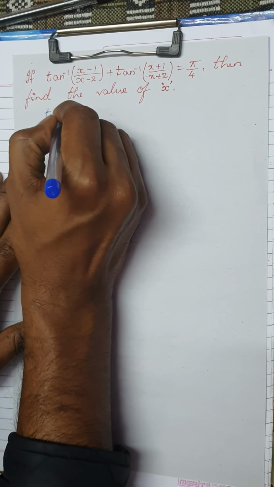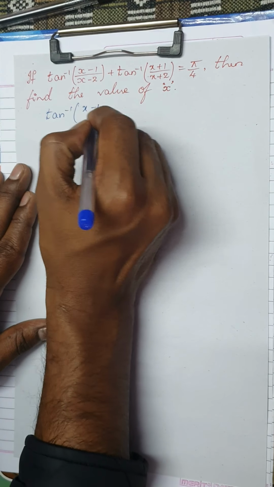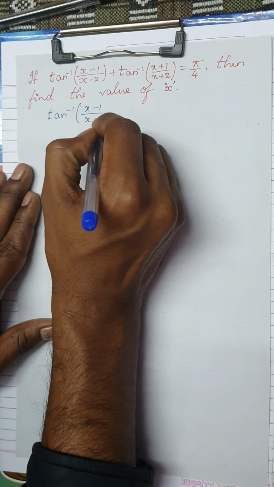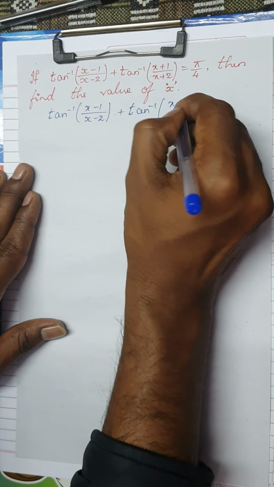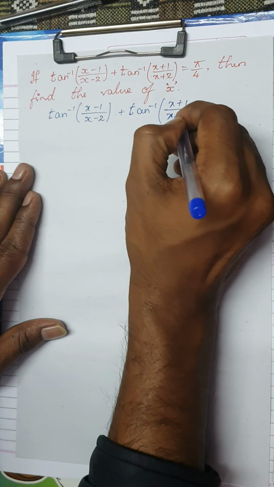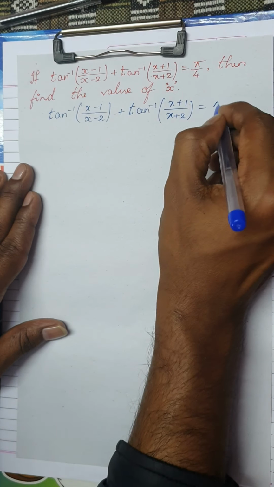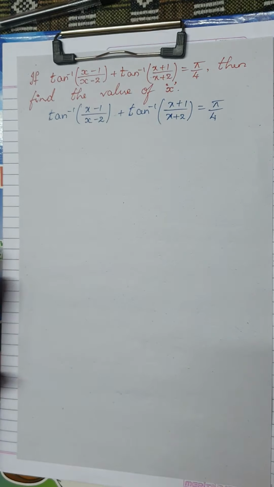So actually I have tan inverse of (x minus 1) divided by (x minus 2) plus tan inverse of (x plus 1) by (x plus 2) is equal to pi by 4. Okay.